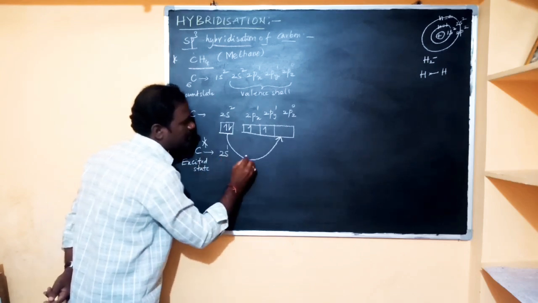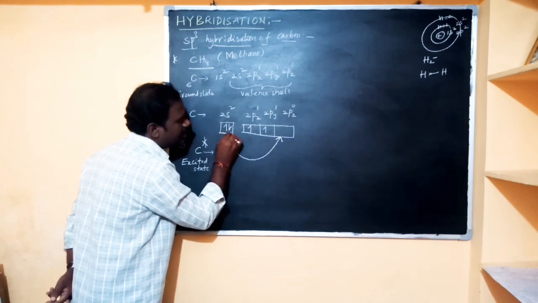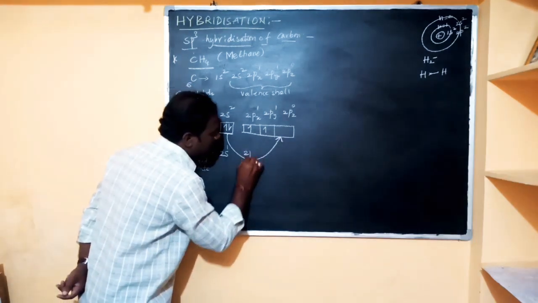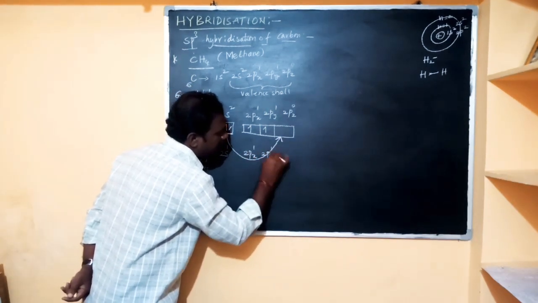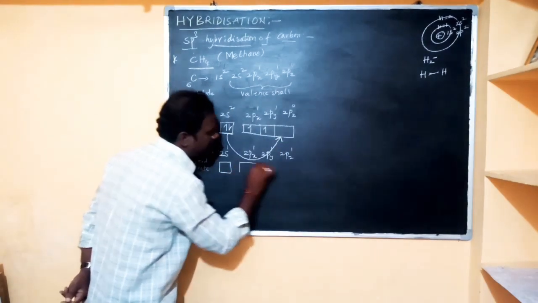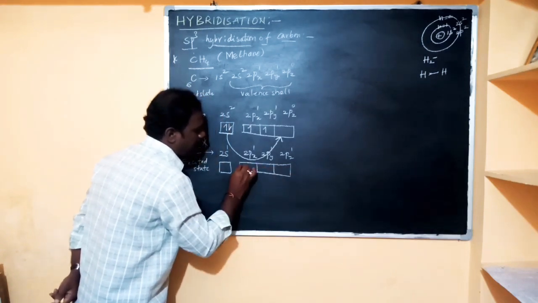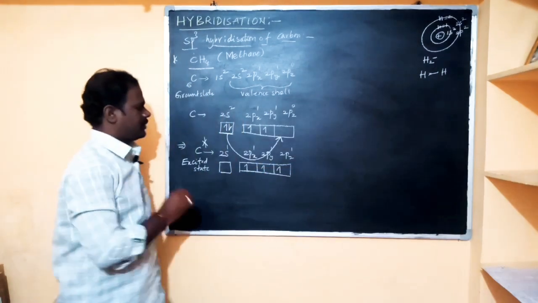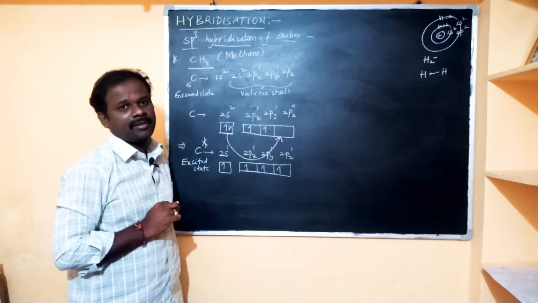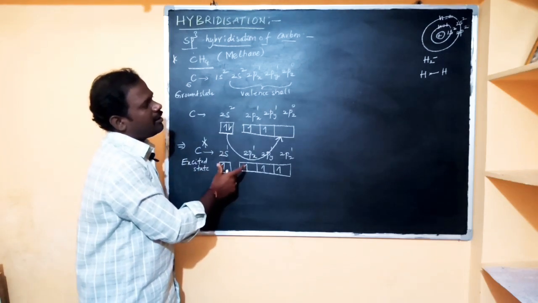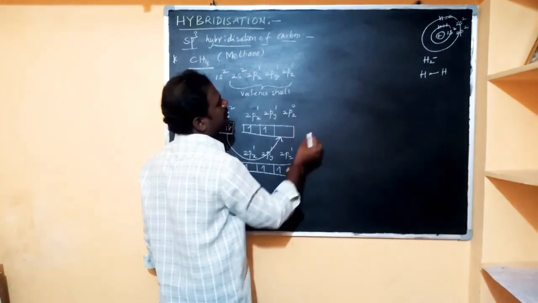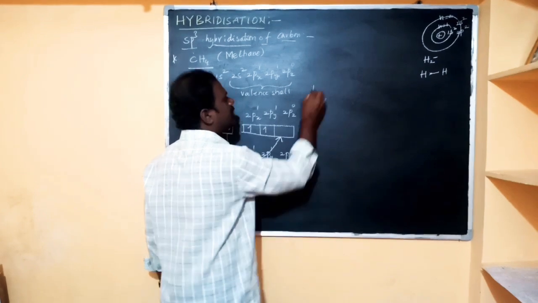The carbon undergoes excitation for the formation of 2s1, because this electron may jump into the higher energy 2pz orbital, giving 2s1, 2px1, 2py1, 2pz1. This property is also explained on the energy level diagram. We can see like this: here this is the energy.